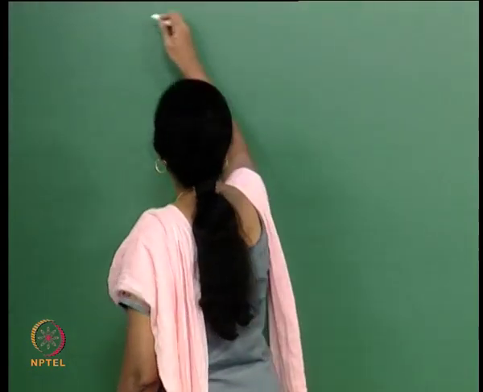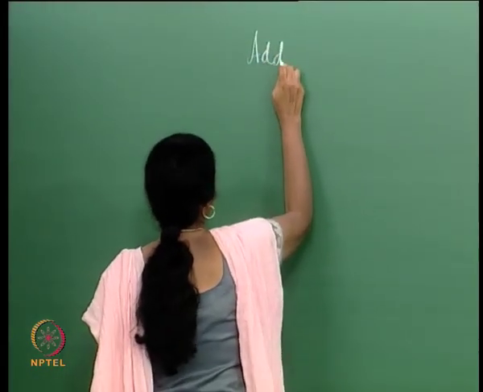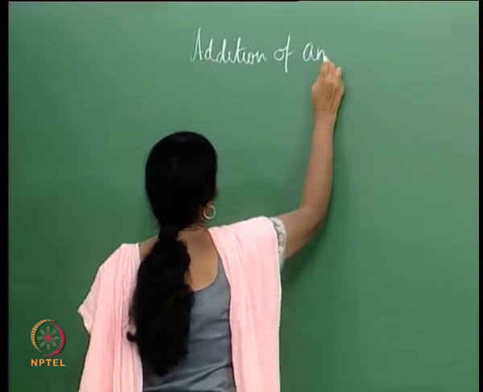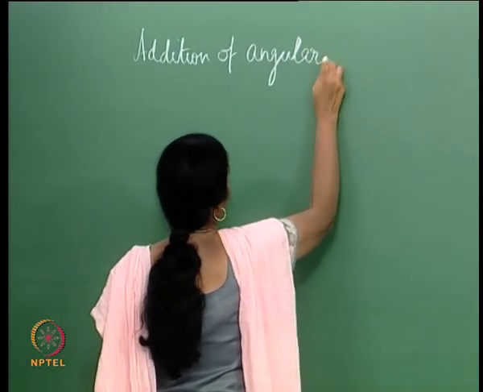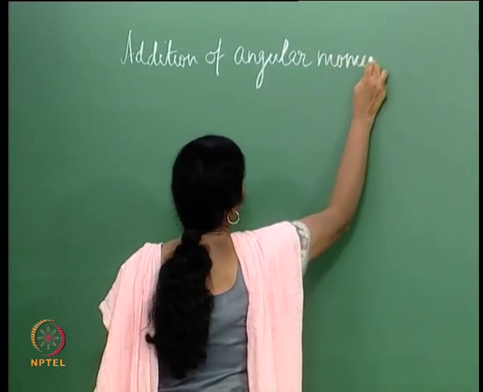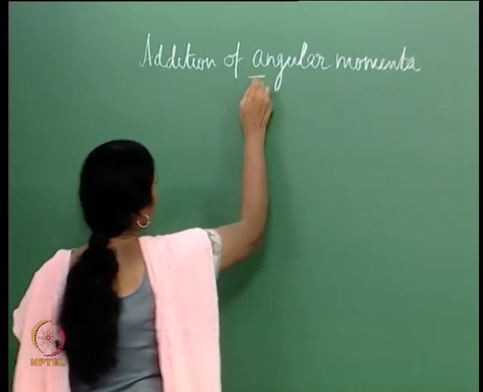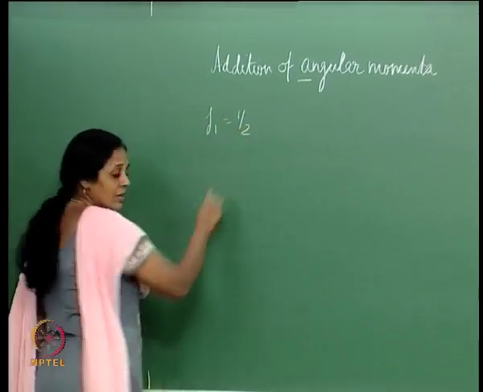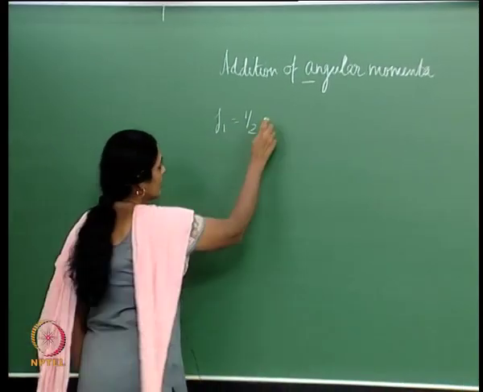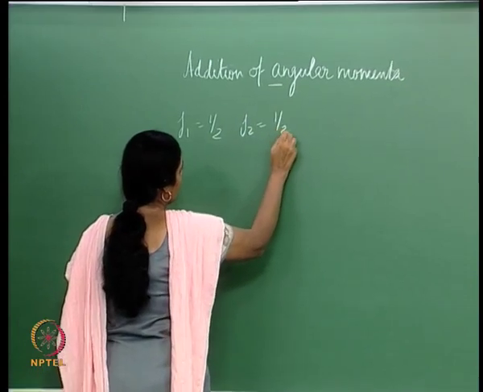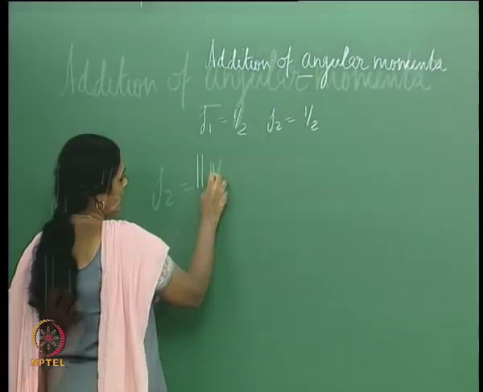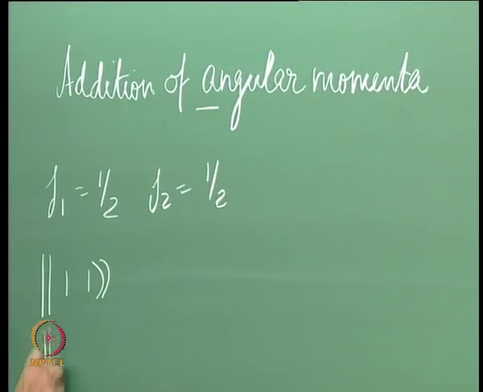So we will continue with addition of angular momenta. And yesterday we worked with J1 equals half in units of h cross, J2 equals half, and this gave us coupled states, the spin triplet state.